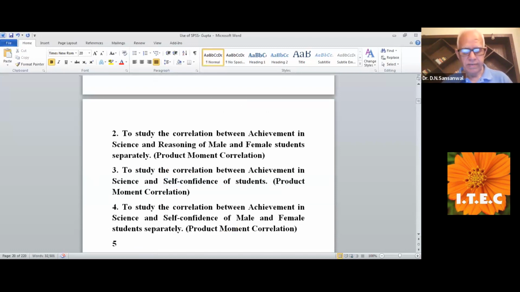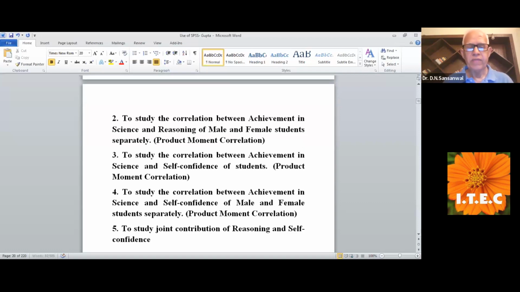Another I can write: to study joint contribution of reasoning and self-confidence in predicting achievement in science of students.